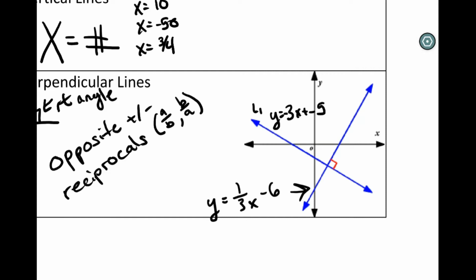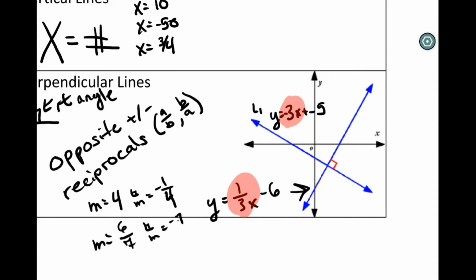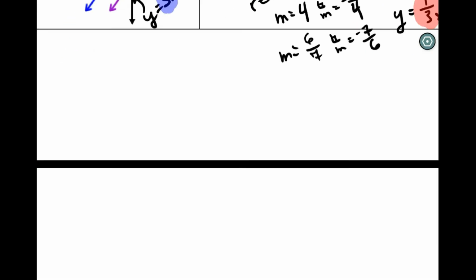The key thing is that these slopes have to be opposite. So if I have m equals 4, the perpendicular slope would have to be negative 1/4. If I have m equals 6/7, the perpendicular slope would have to be negative 7/6. Okay, we'll practice with that in a bit.